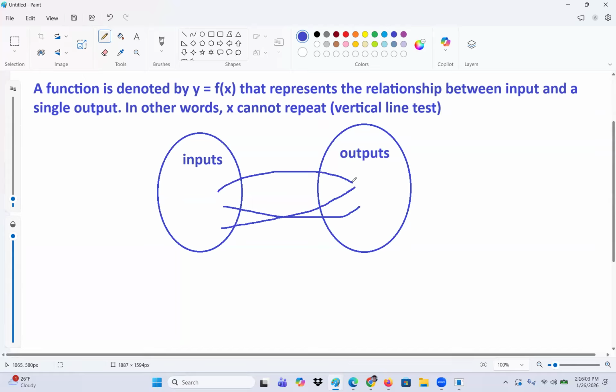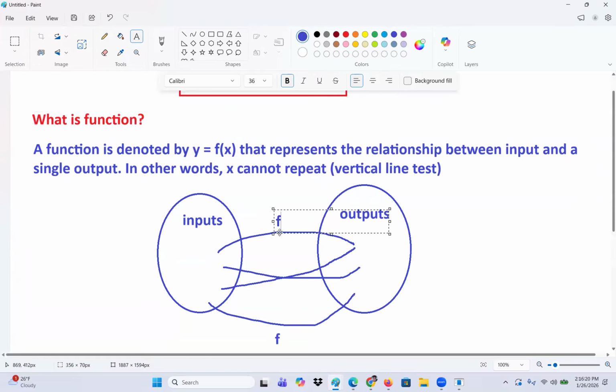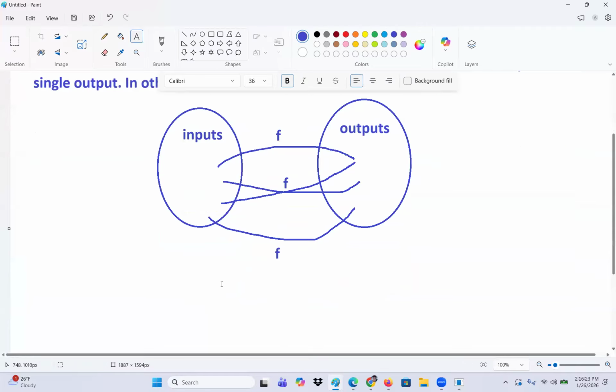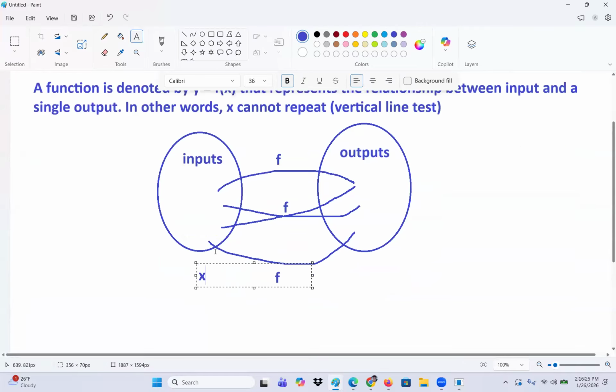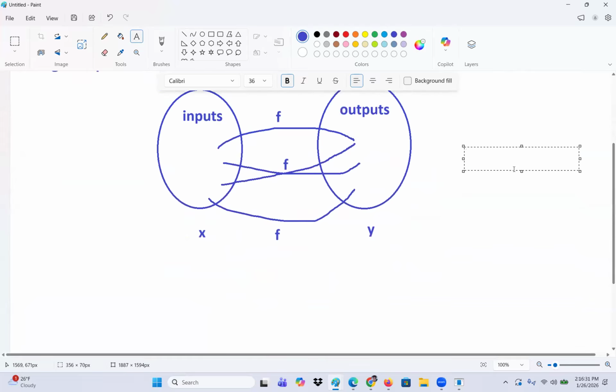That's perfectly fine. But you cannot have one input for 2 different outputs. So that is not a function. All of them are connected by a function f. So in other words, this is what we have for the x, this is what we have for the y, and then you can just denote that y equals f of x.